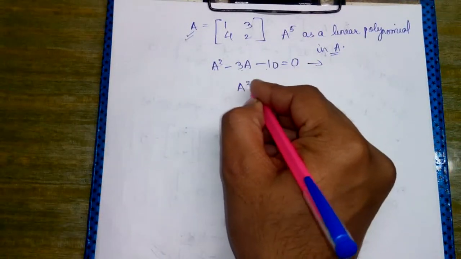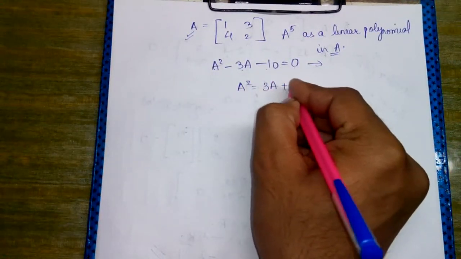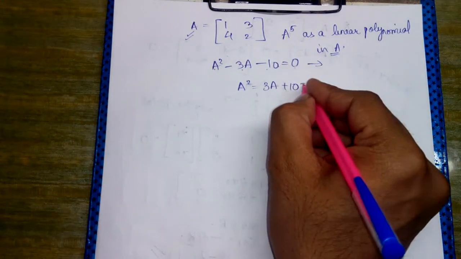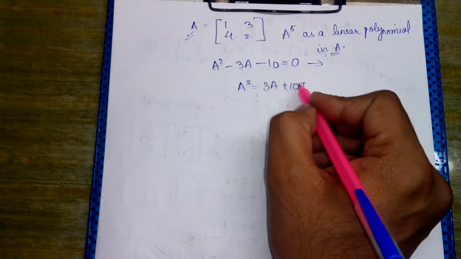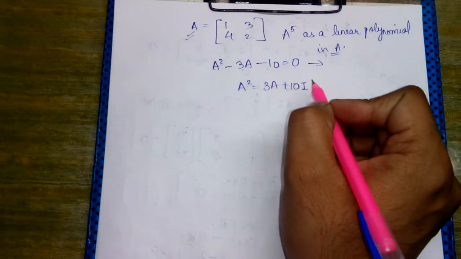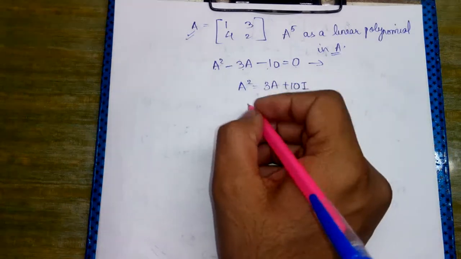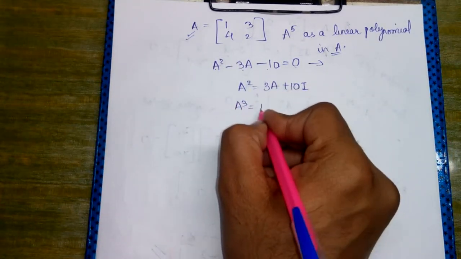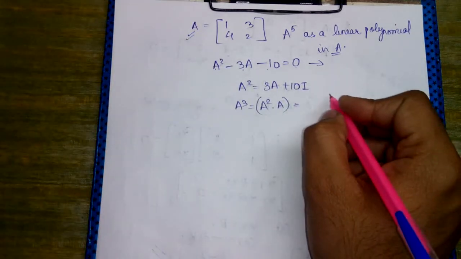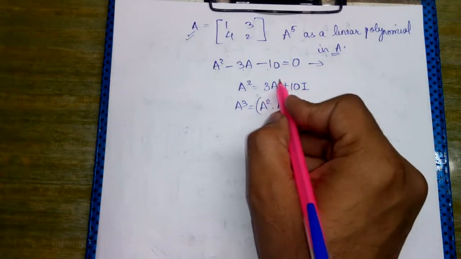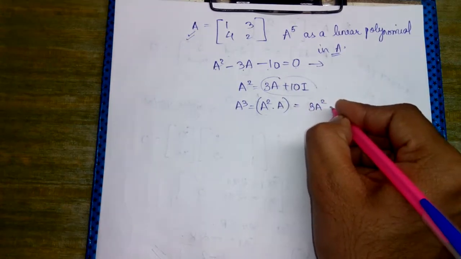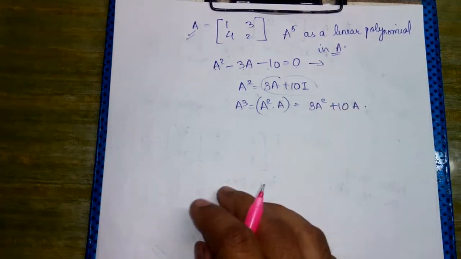So from here we know that A square equals 3A plus 10. We will not write 10, we will write 10I because I is the identity matrix. So now we will find the value of A cube. A cube is simply A square into A. So we will multiply A square with A, and we will get 3A square plus 10A.